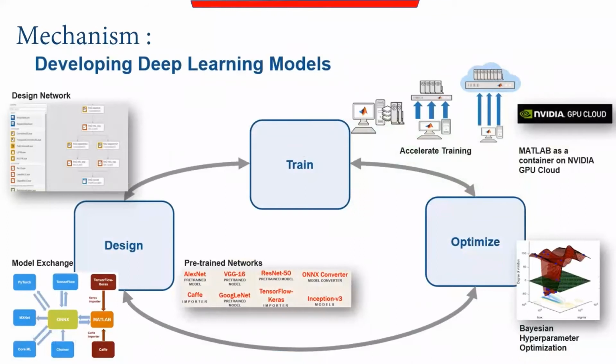So the general mechanism of any deep learning model is that you first design your own network, or you use some of the existing models like AlexNet, VGG, ResNet, GoogleNet, maybe TensorFlow, PyTorch, any library to import these models. You may design your own model, and then you go through the training first, and you divide the data set into training, testing and validation as well.